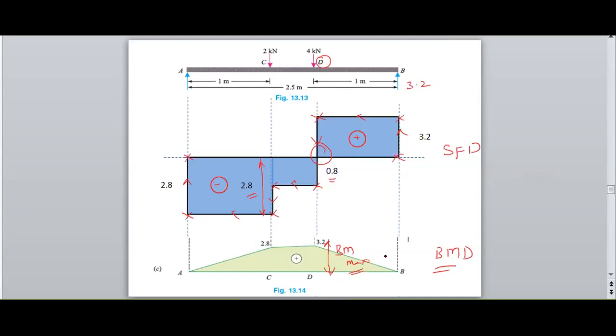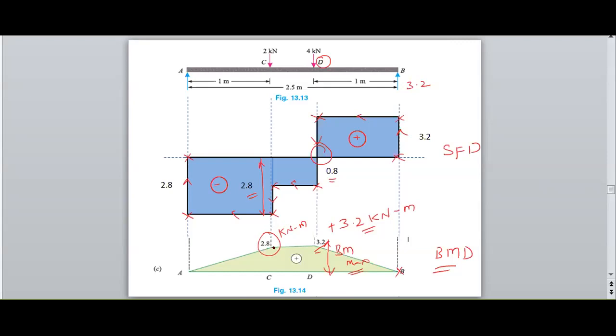So I need to draw the bending moment values. At B it is 0. At D, 3.2 kilonewton meter is the value we have attained. It is a positive value again, so we need to draw it in the upward direction. Next, at C, the value will be 2.8 kilonewton meter.